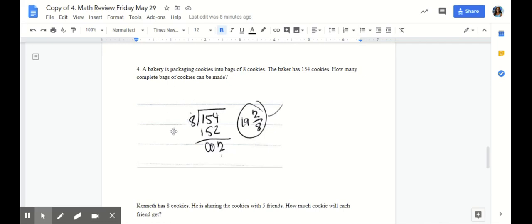We know that 8 times 19 is 152, and that's the closest we can get to 154. And 154 is our dividend because that's the amount that is being split up. So 154 minus 152 equals 2, and we're left with the remainder.